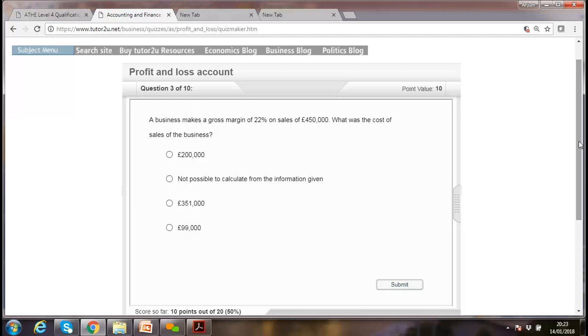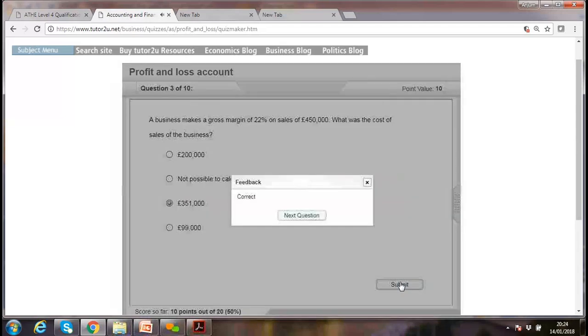Which amount do you think is correct? Which options? 200,000, not possible to calculate, 351,000, 78% of 450,000, or 99,000. C. C. Well done, correct.